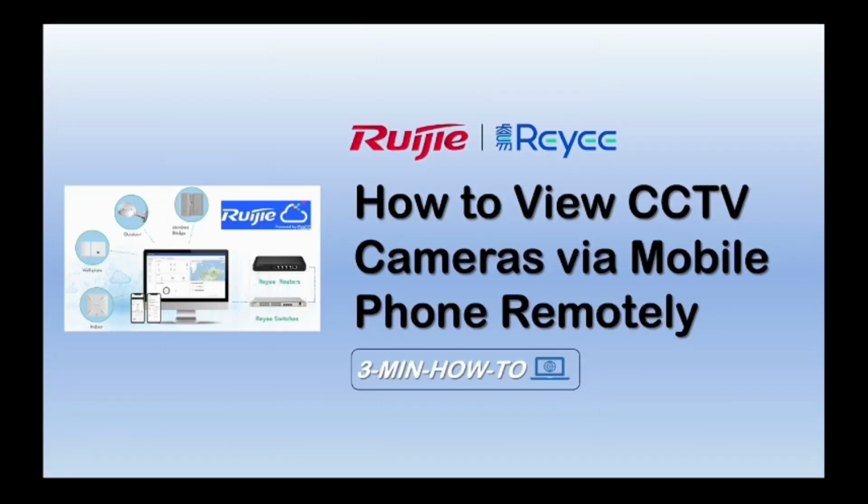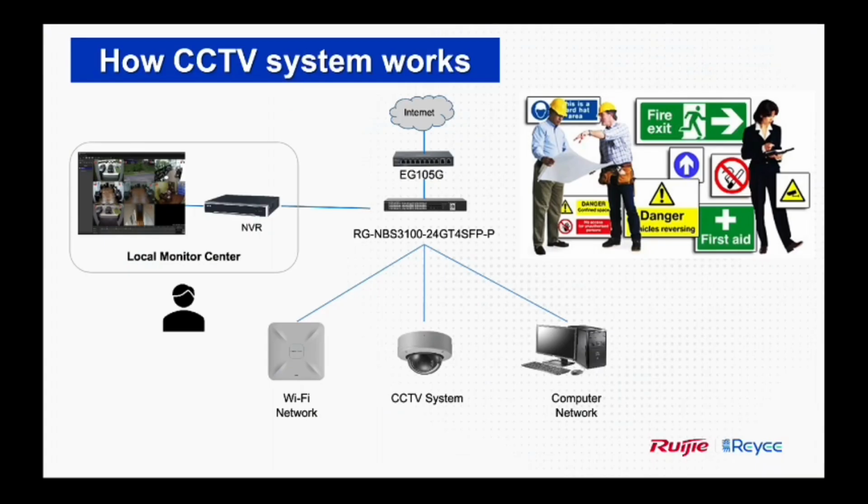Hello everyone, welcome to Reyee 3 Minutes How-To series. In this video, we will introduce how to view CCTV cameras via mobile phone remotely. In an office network, CCTV is very important to guarantee security and property. Normally, NVR collected to core switch. CCTV traffic transmitted to monitor center.